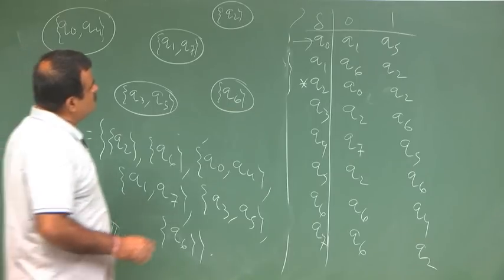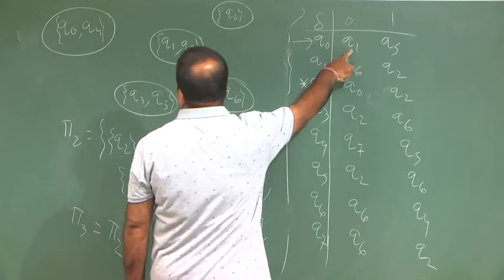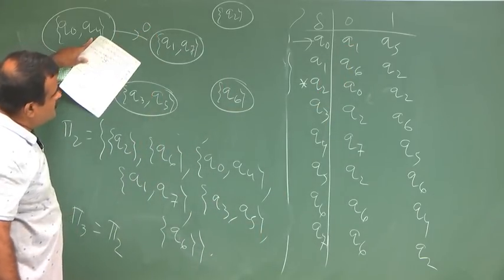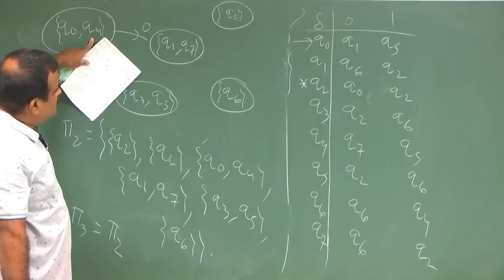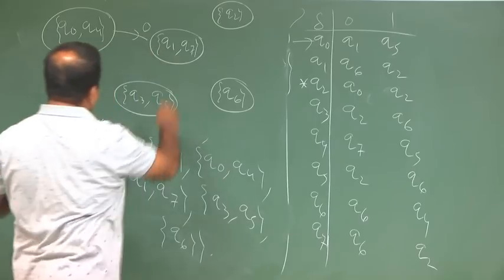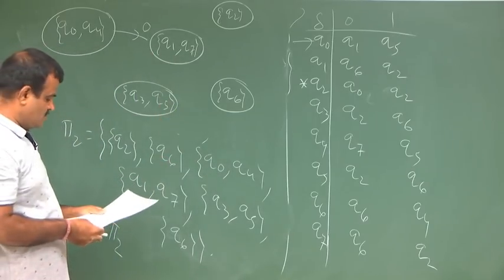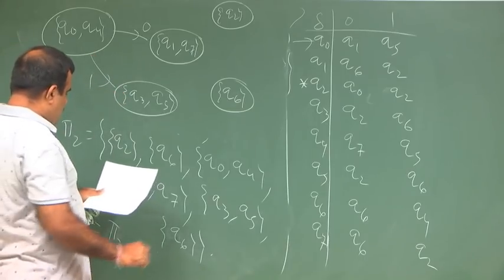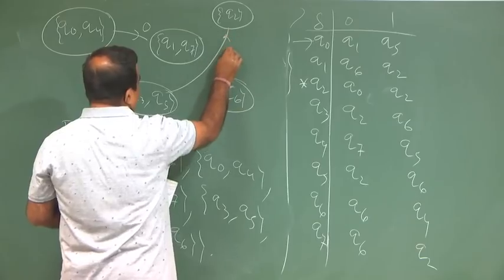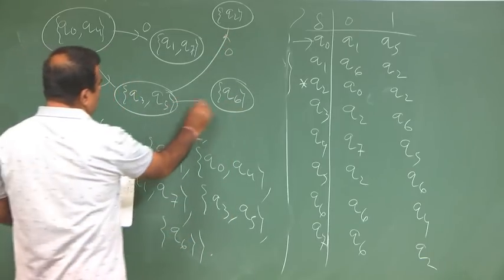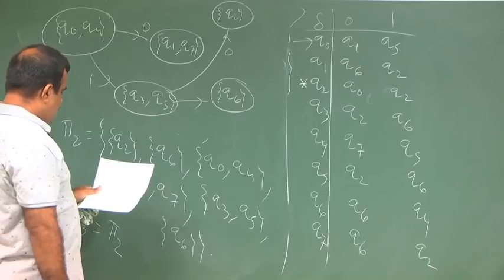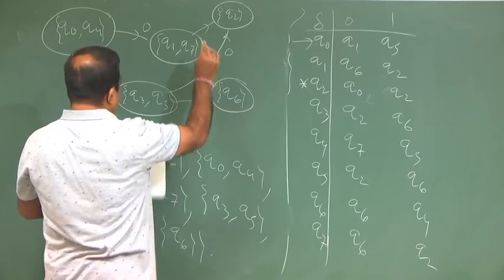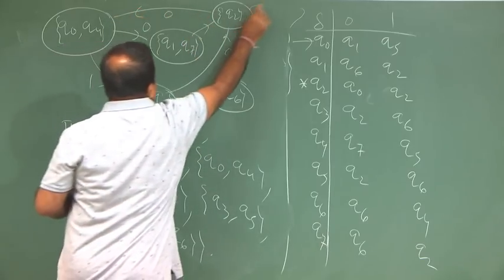Now, q0, with 0 we are going to q1. So, where is q1? q1 here. Even for q4, with 0 we are going to q7. This can be checked, because that is the way it is constructed, and with 1 we can check this is going here. Now, from here with 0 we are going here, with 1 we can go here, and from here with 1 we go here, with 0 we come here, with 1 we go here.